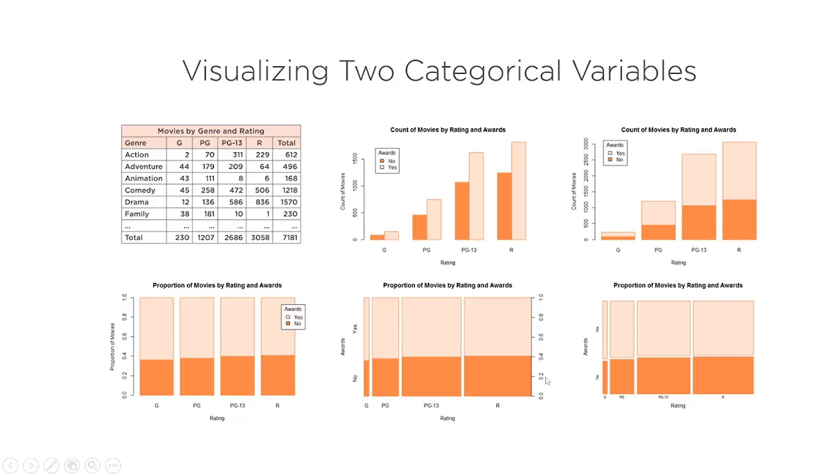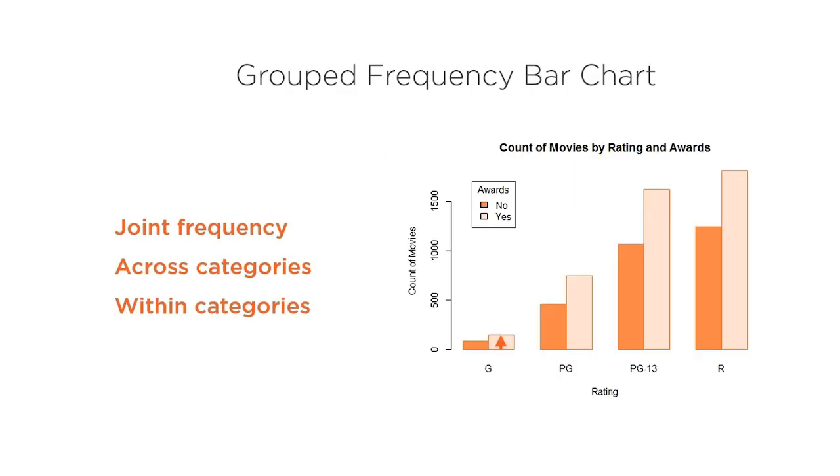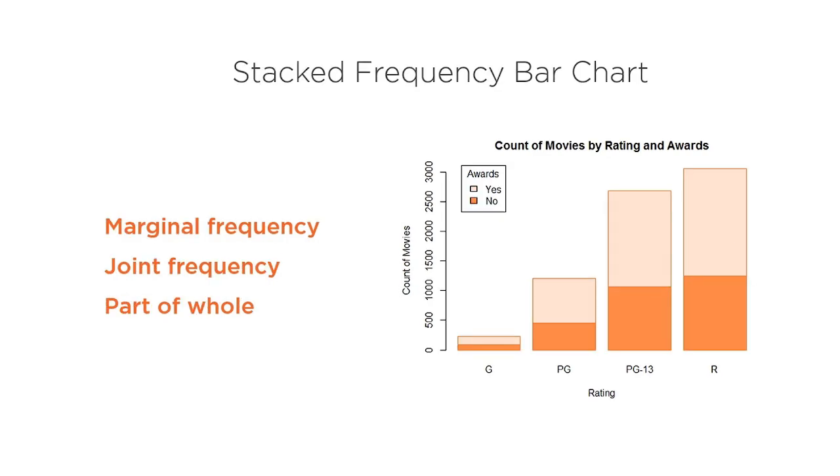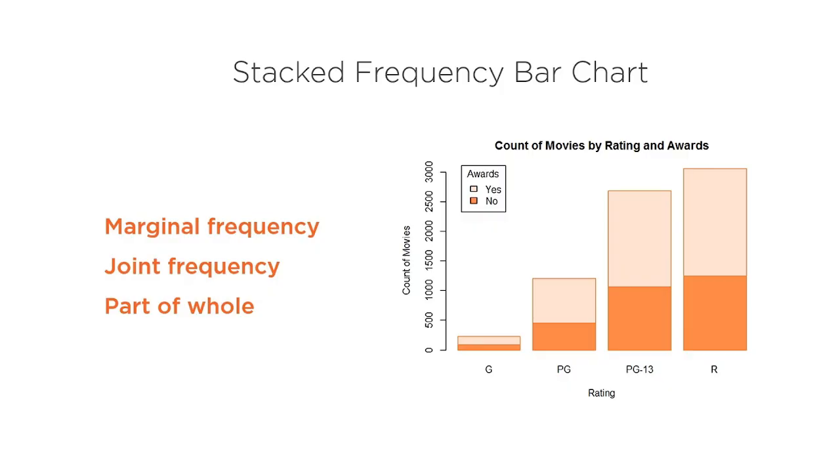These are the remaining few of them where we consider the proportion, sometimes in percentage. Again, we are comparing them with each other, also quantity-wise. If you see this, this is the grouped frequency bar chart. This is the stacked one. This is the 100% stacked one.